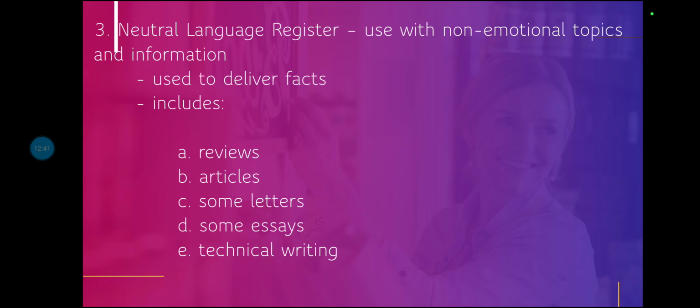Okay, and then we have another one, neutral language register. This is used with non-emotional topics and information. Because of course, when we say formal, sometimes we need to involve emotions.